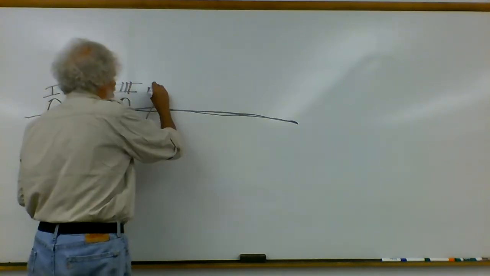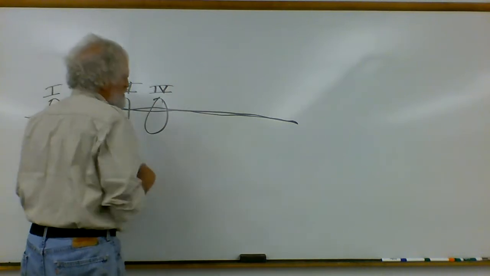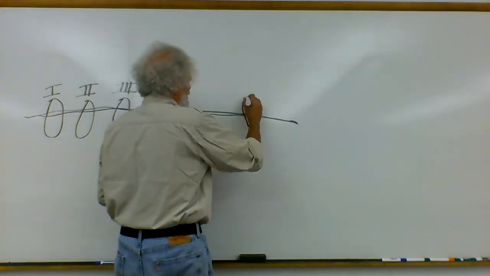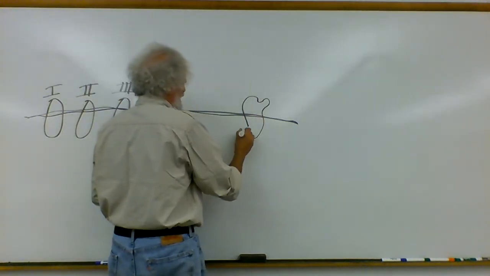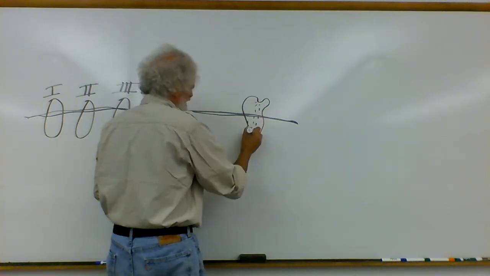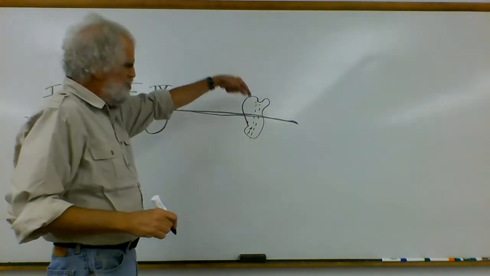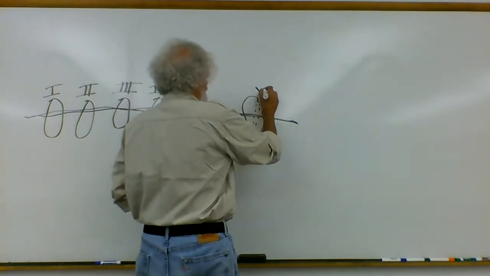No, it's complex 4. And then sometimes people will put in another complex, which I'm not saying I like to do. This is the hydrogen ion channel, and that's called complex 5.